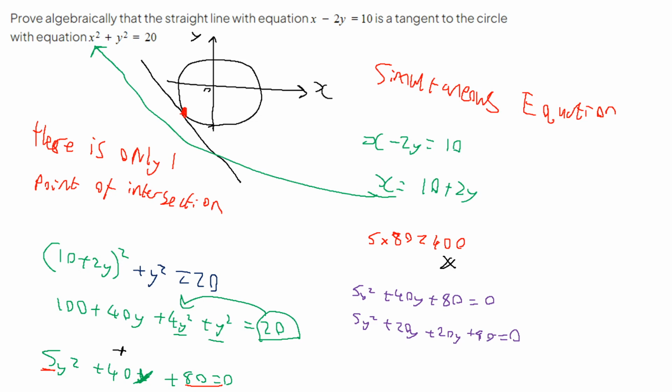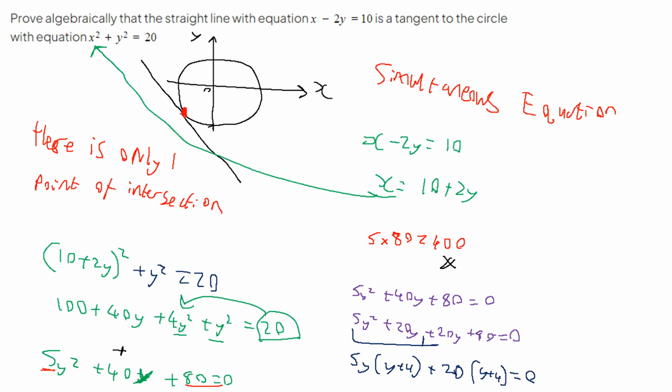And now let's factorize the two pairs we have. We've got 5y times (y plus 4), plus 20 times (y plus 4) is equal to 0.